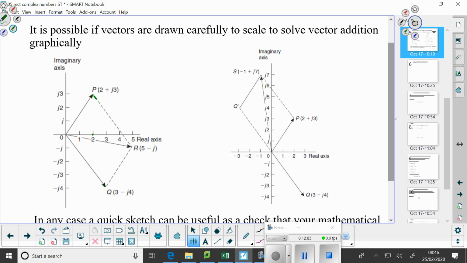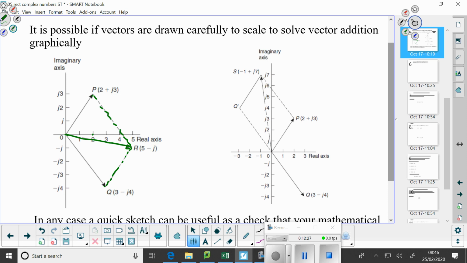We can complete the parallelogram of those two vectors and find the resultant in there, which is 5 across minus 1j. So by sketching that on an axis, if you're unsure, you can see whether you're in the same quadrant and whether you've got the right result.